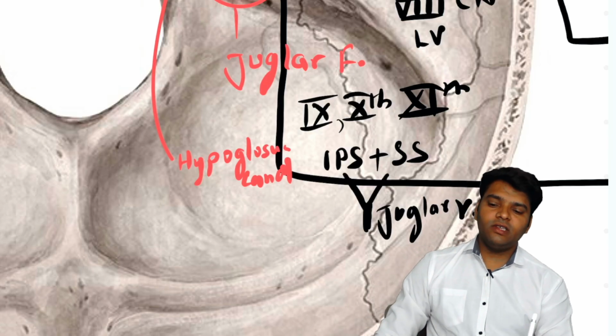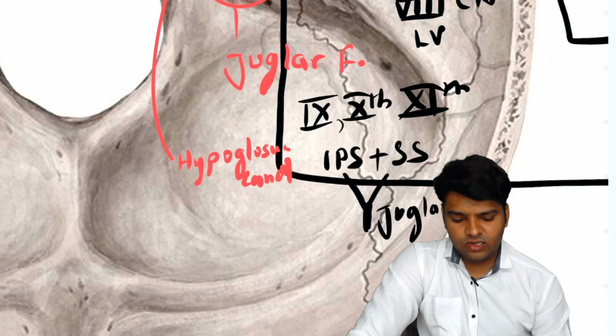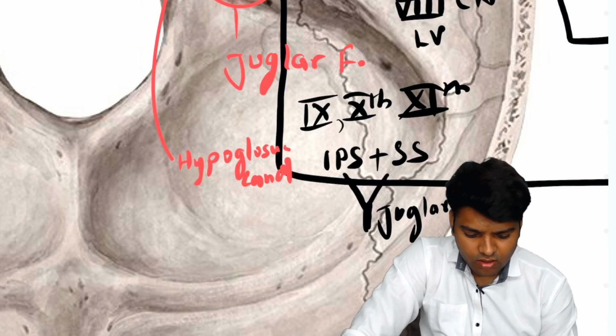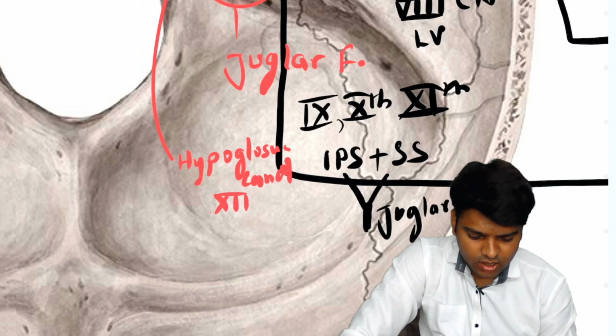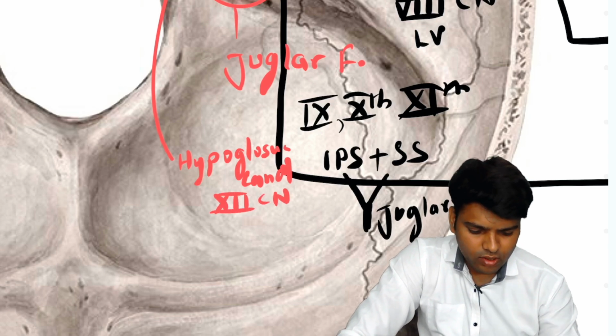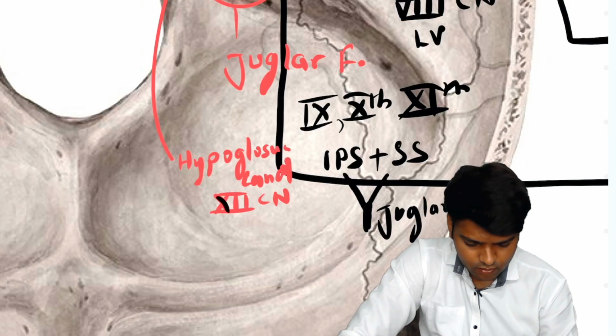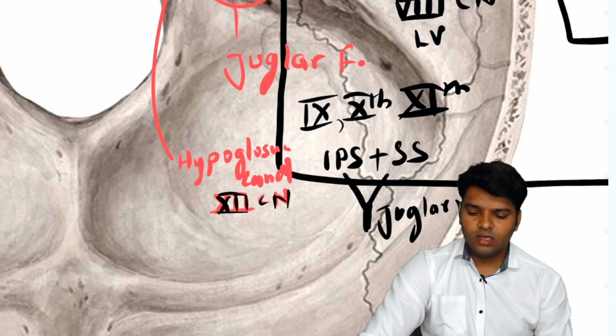And what structure passes through the hypoglossal canal? This is the hypoglossal nerve, which is the 12th cranial nerve, passing through the hypoglossal canal.